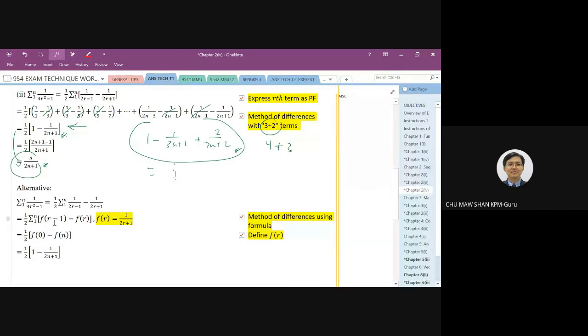So the first one becomes f of r minus 1, the second one is f of r. So you use the formula, you get the answer f of 0 minus f of n. Sub your 0 into this function, sub your n into this function.